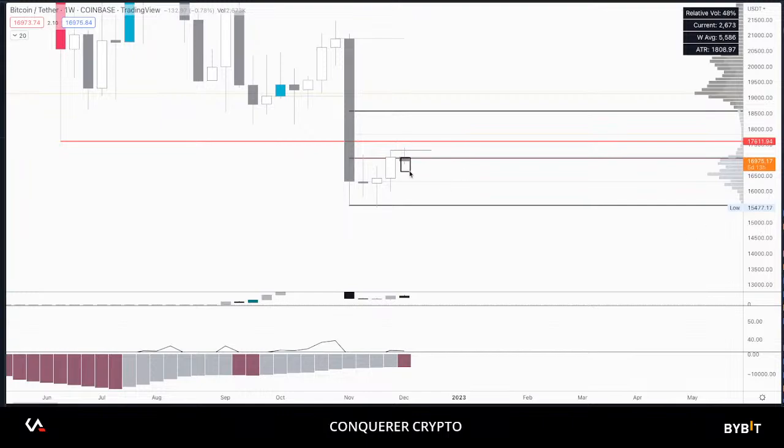We don't want to close like that. Then that would be an SFP. Then we should look for at least the lows of this weekly candle, which I should be, okay, that's it.